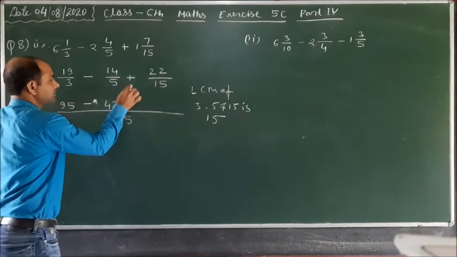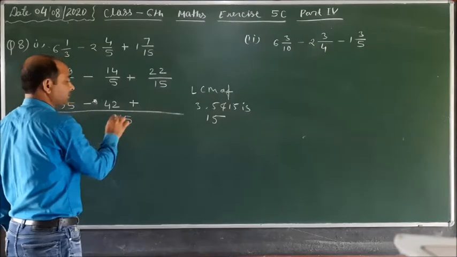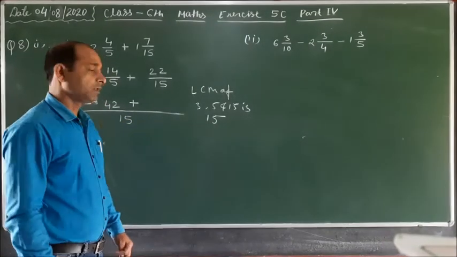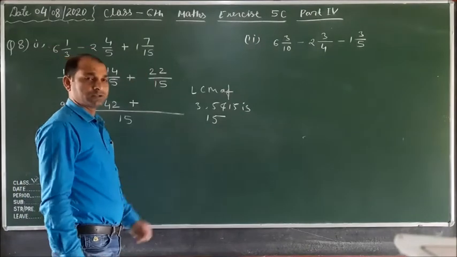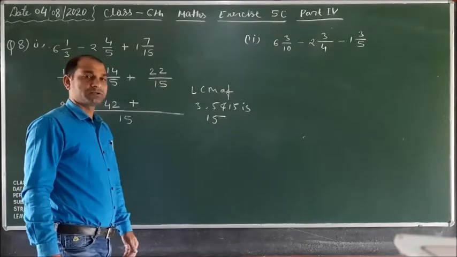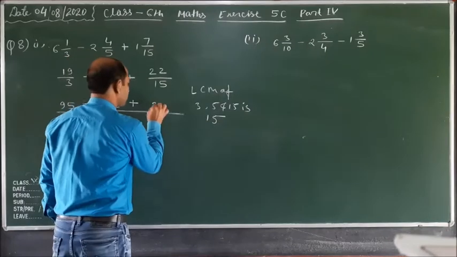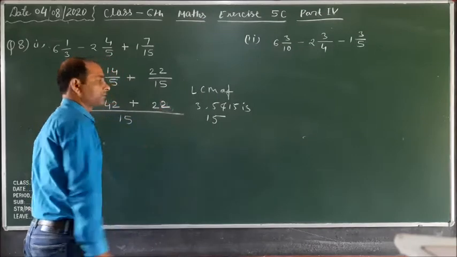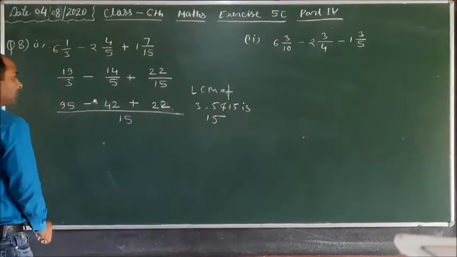Now here minus, here plus. 15 divided by 15 equals 1. The answer is 1. Then 1 multiplied by 22 equals 22.